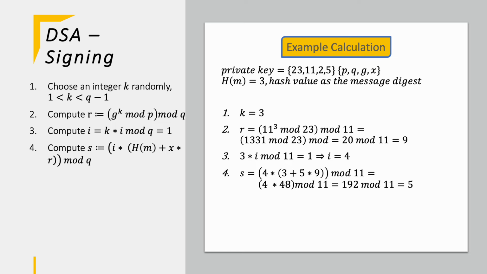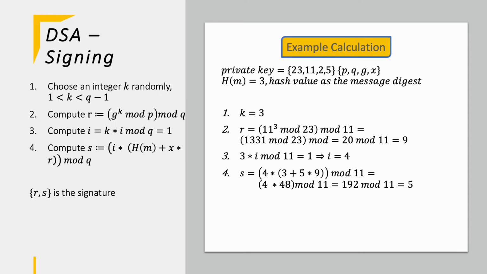So we have 3 plus 5 times 9, and make sure to do the calculation correct. So it's 5 times 9, which is 45, plus 3. So it's 48 in the bracket. So 4 times 48 is 192. Modulo 11 comes up to 5.